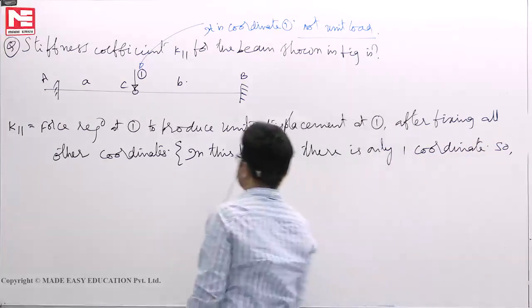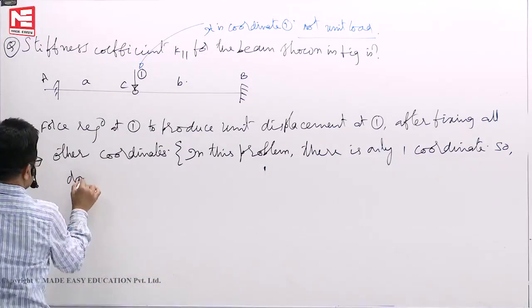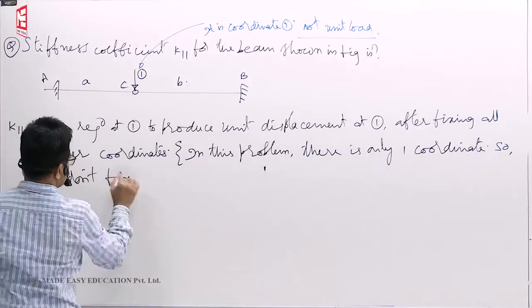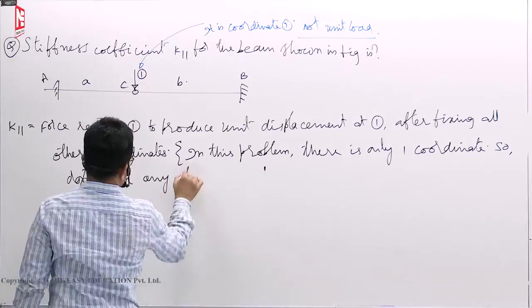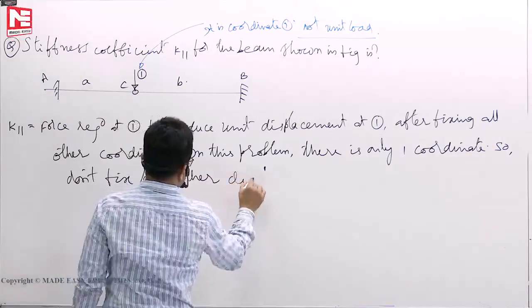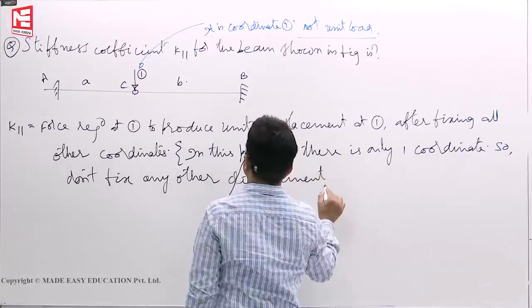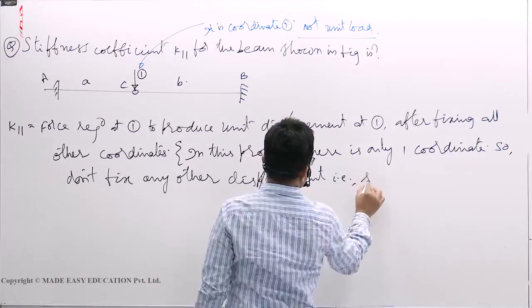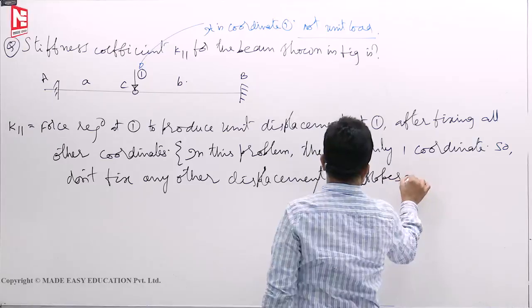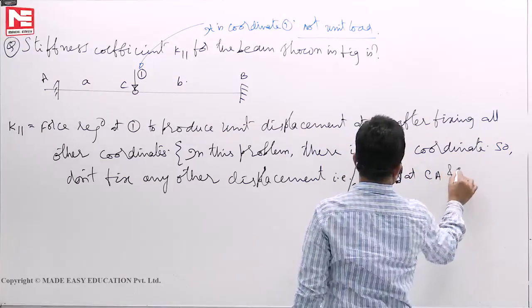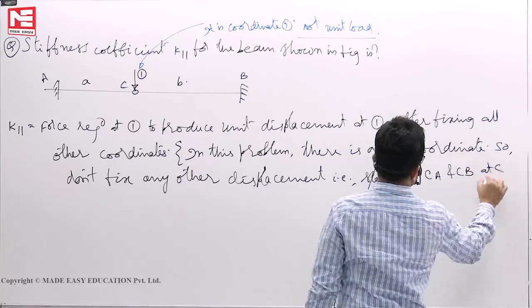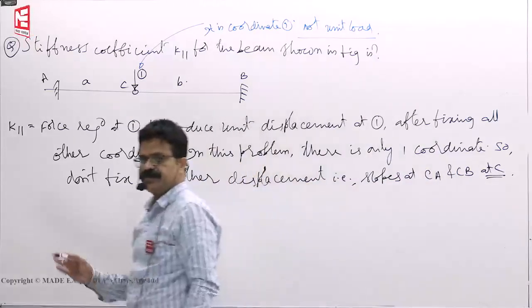So, don't fix any other displacement. That is, slopes at CA and CB at C. Slopes we should not fix them.